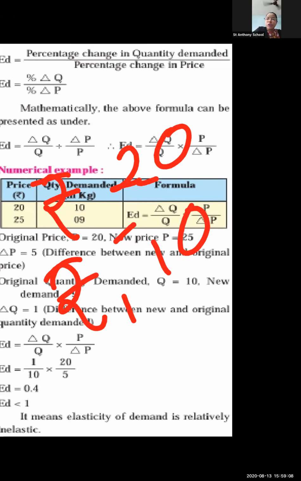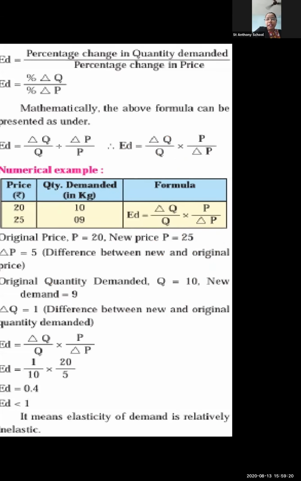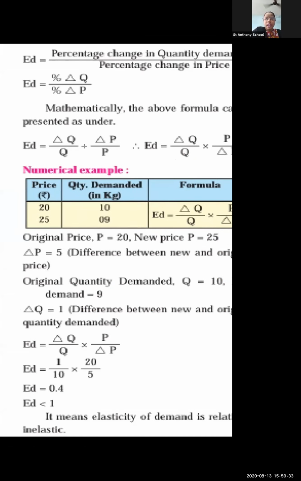So what will be your answer? The difference between 20 and 10 is, yes, Joel, Aditya, 10. So this will be your delta P. Moving ahead, this entire chapter is very important from the examination point of view, students.